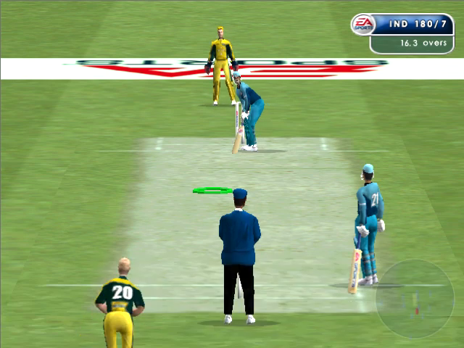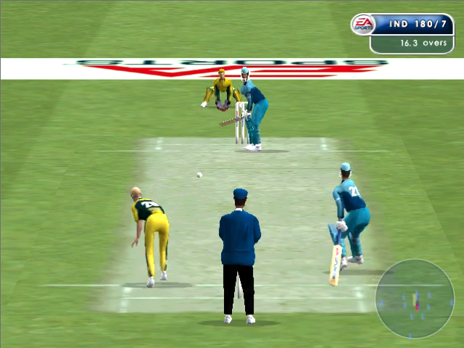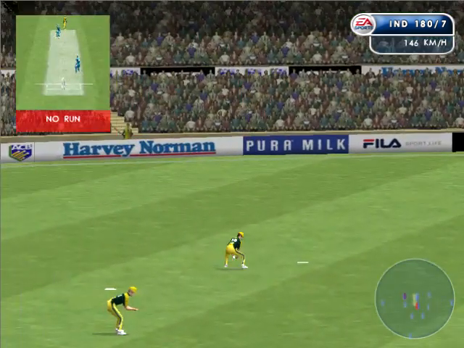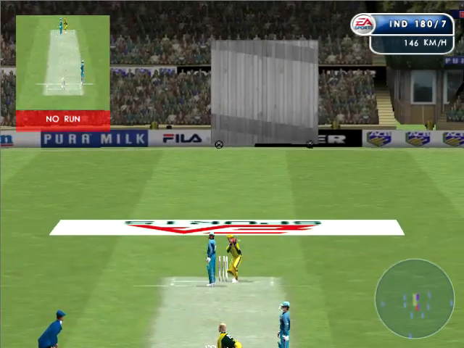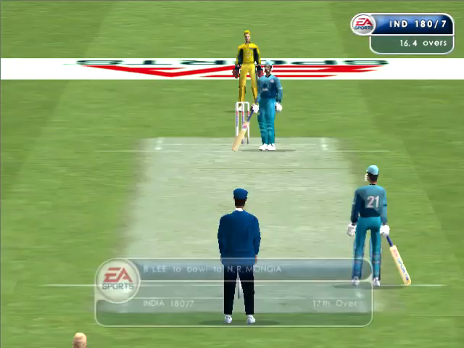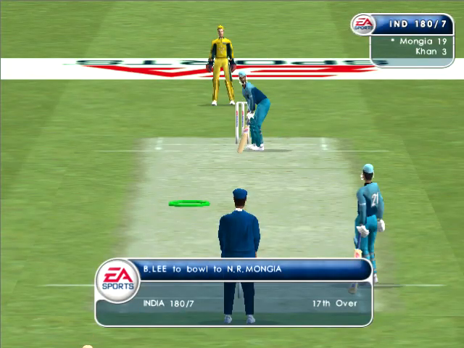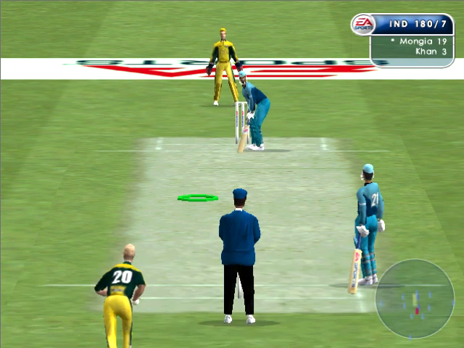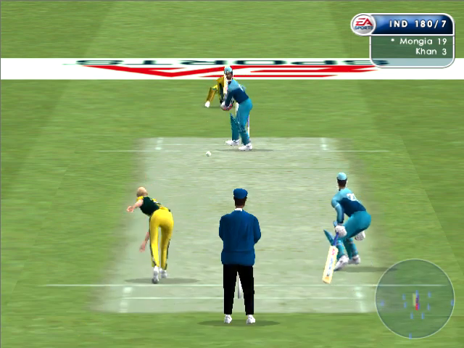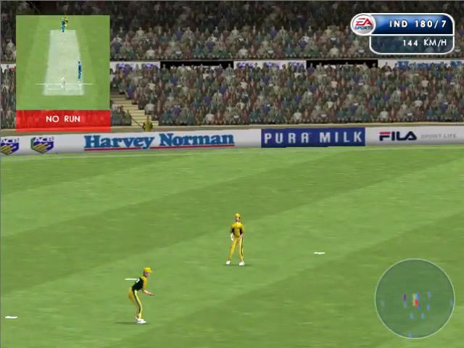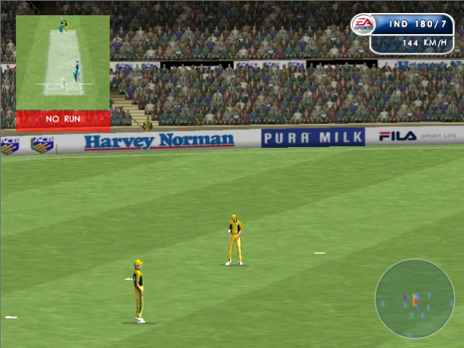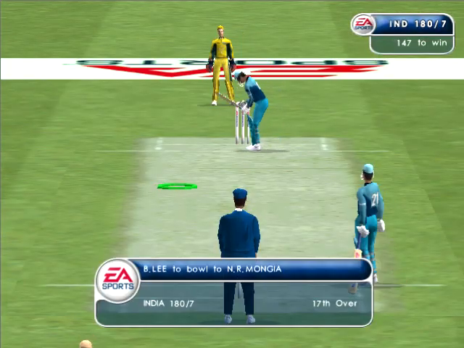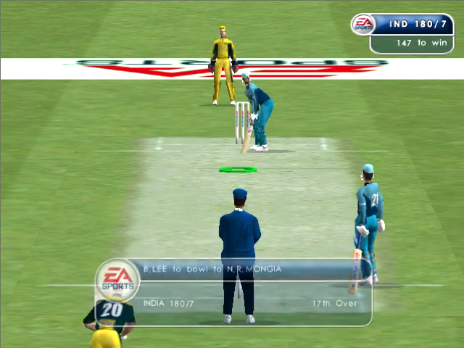He was well over the top of the ball. It's straight to a fielder. I think he was easily back in the crease there. Lee at the start of his run-up. Lee continues.